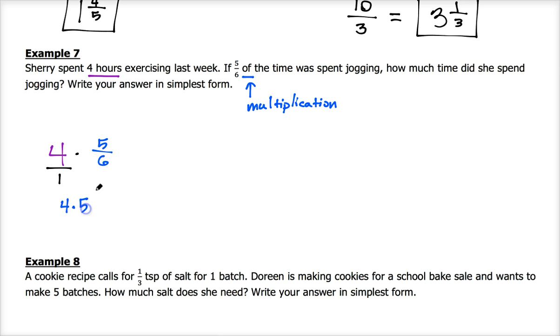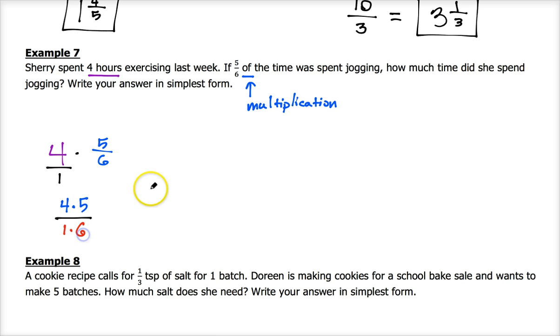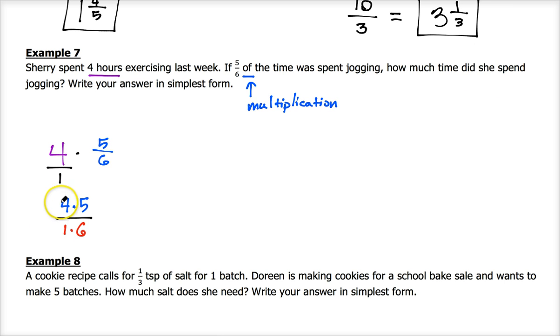So we're going to be doing 4 times 5 divided by 1 times 6. I can cancel my 4 and my 6. 4 and 6 we know cancel to 2 and 3. And so this gives us 2 times 5 over 1 times 3.